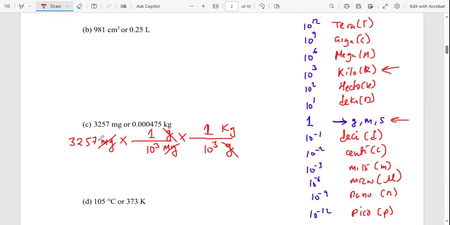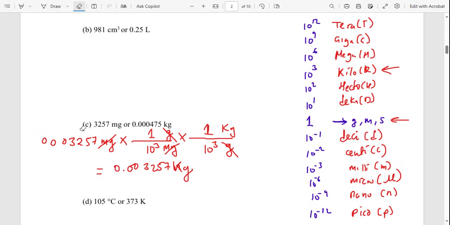The decimal point is going to move 6 times: 1, 2, 3, 4, 5, 6. So there'll be a 0 here, a 0 here, and a 0 here. So the answer is 0.003257 kg. So we have converted to kgs.